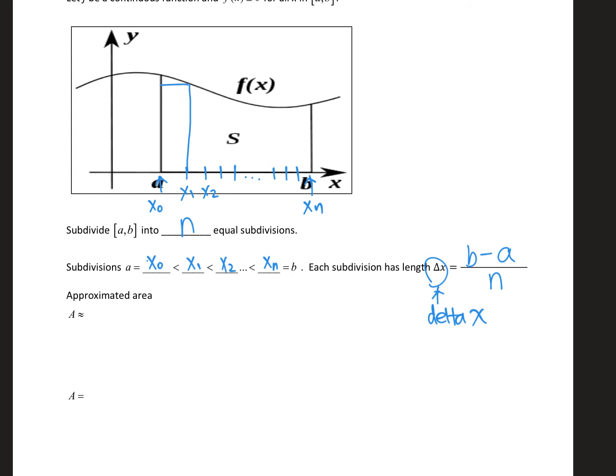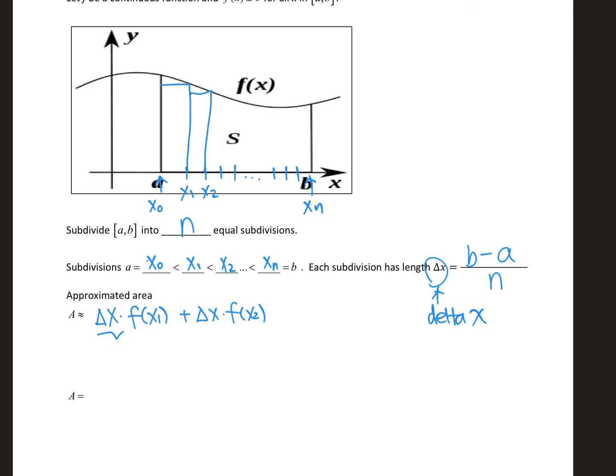So the approximate area is going to be delta x times f of x1. That gives you the area of the first rectangle. And the second one is delta x times f of x2, which gives you the area of the second rectangle. I don't know if it's too much.